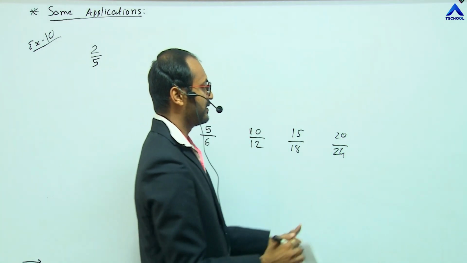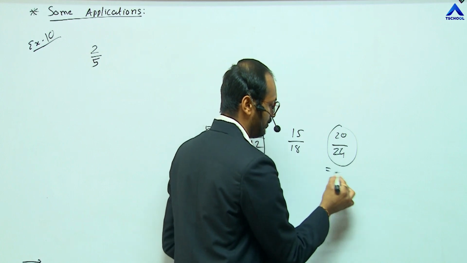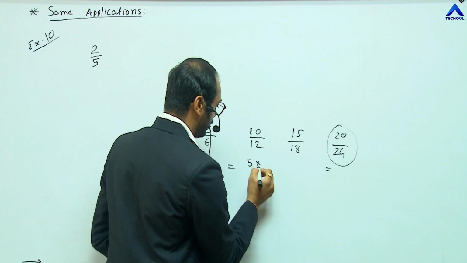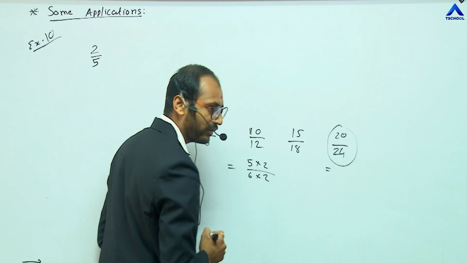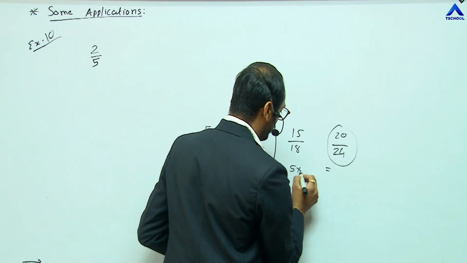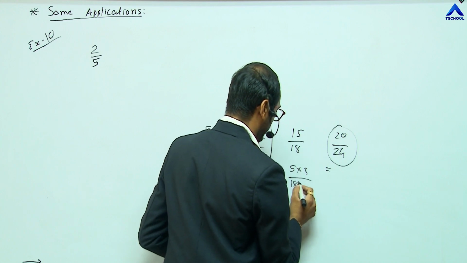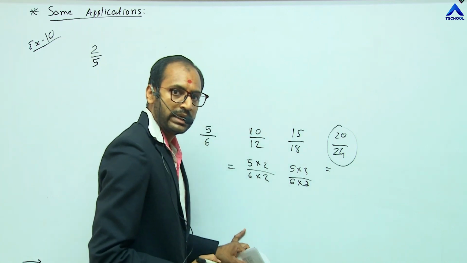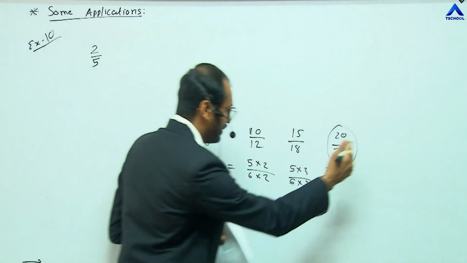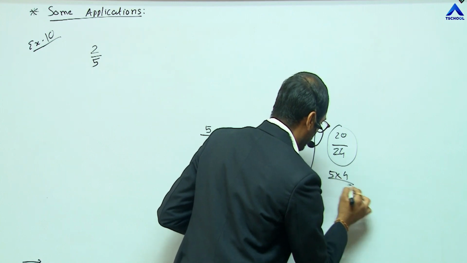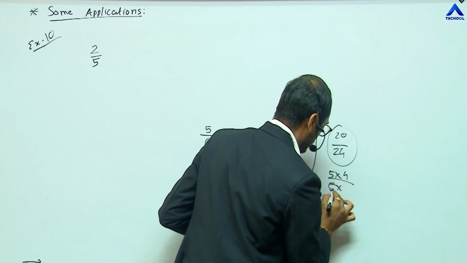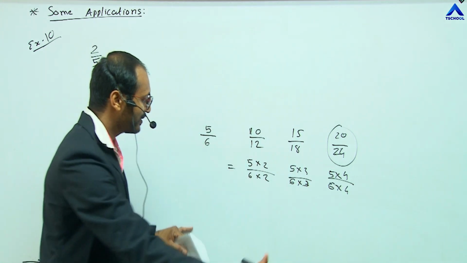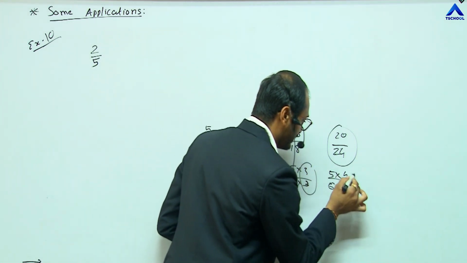What is the ratio of these numbers? 5 twos are 10 upon 6 twos are 12. 5 threes are 15 upon 6 threes are 18. 5 fours are 20 upon 6 fours are 24. Clear? So see here, the ratio is similar.